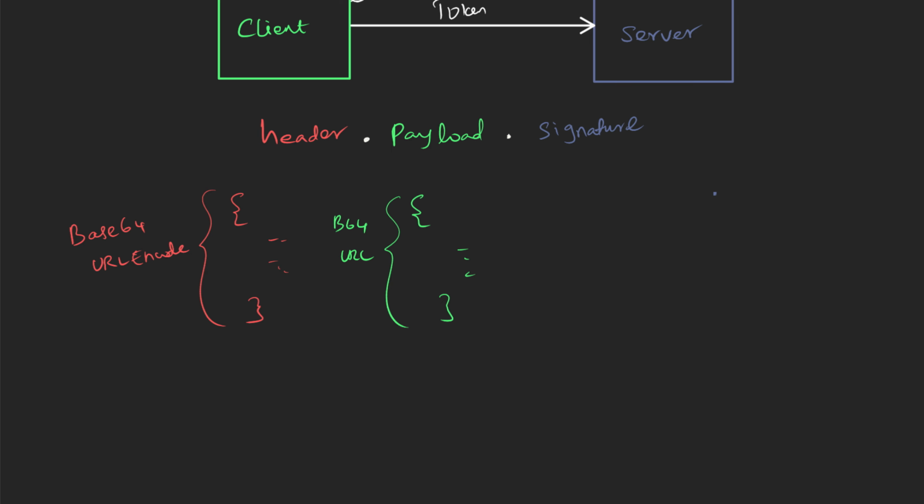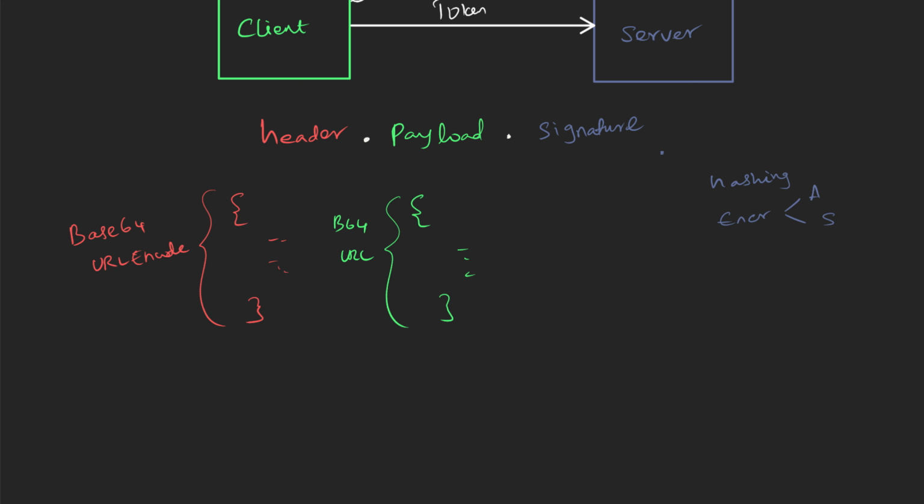We could use simple hashing, or we could use encryption, either asymmetric or symmetric encryption. Let's first start with hashing. If you are going to use hashing for creating this signature, we'll take these 2 parts, the header dot payload, and simply hash them using the hashing key that we have. So for hashing, we need to have a key, and with that key, we'll create the hash of these 2. And we just add it as a third part, which is our signature.